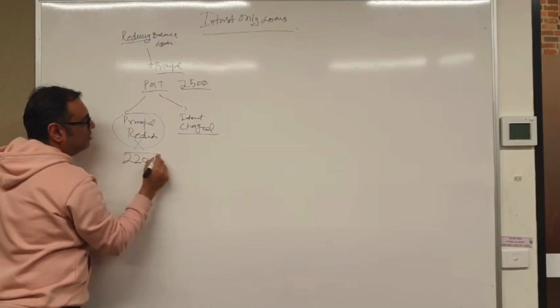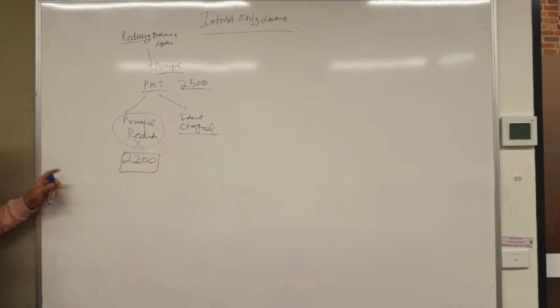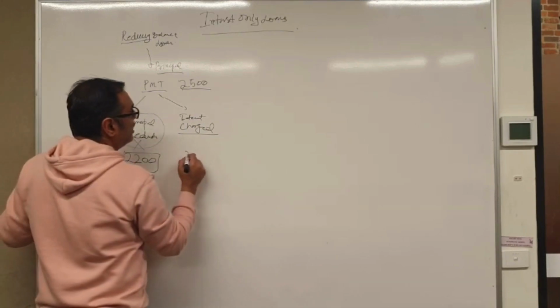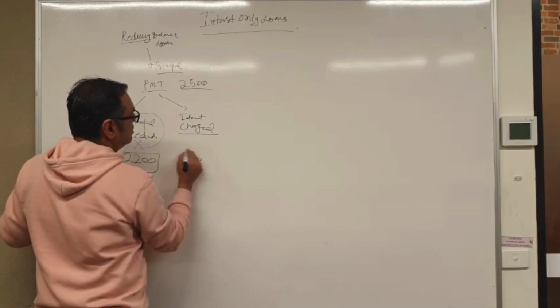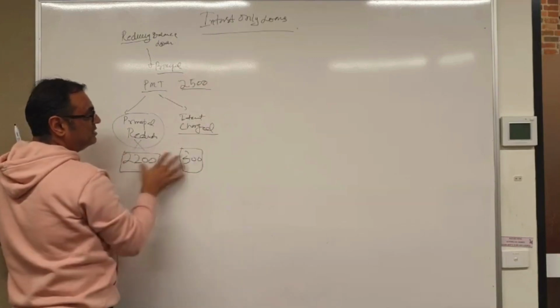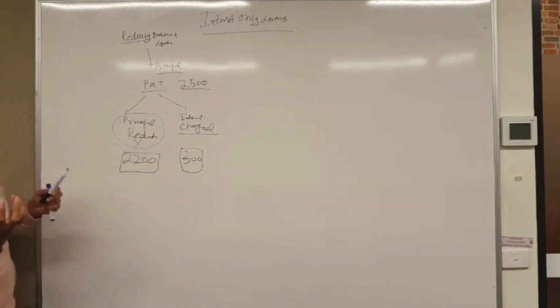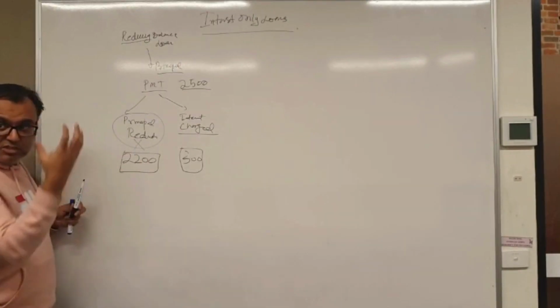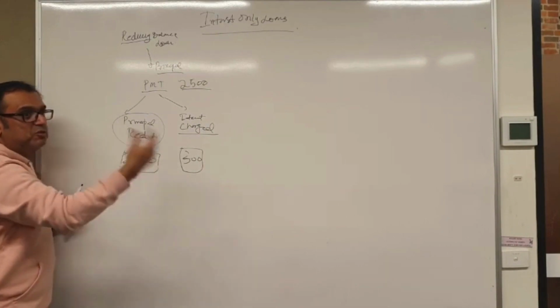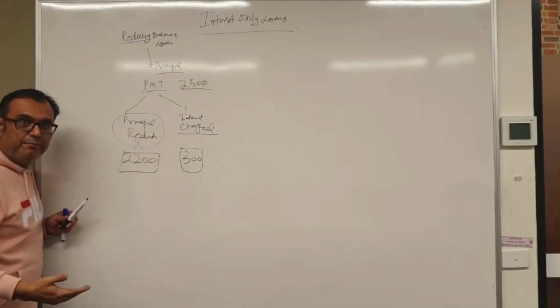There could be a scenario where out of 2,500, 2,200 goes into principal reduction, and another $300 is just interest charged. So that's how your PMT is divided. Interest is a smaller component, principal reduction is a heavier component. It's made heavier so that you pay off your loan in the given time frame.